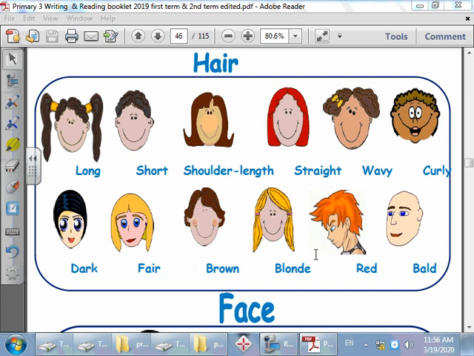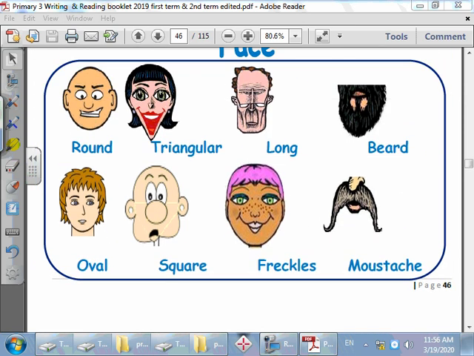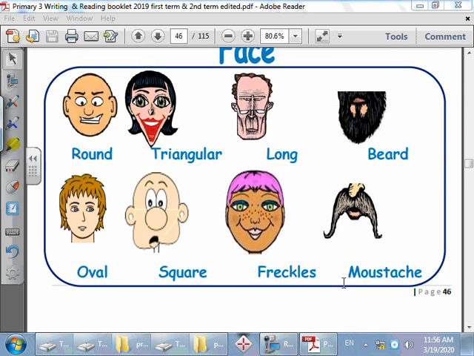So again, for example, Ahmed's hair is long because the hair is non-countable. We cannot count the hair. So hair is. Ahmed's hair is short and dark, for example. Okay? His face is oval shaped.